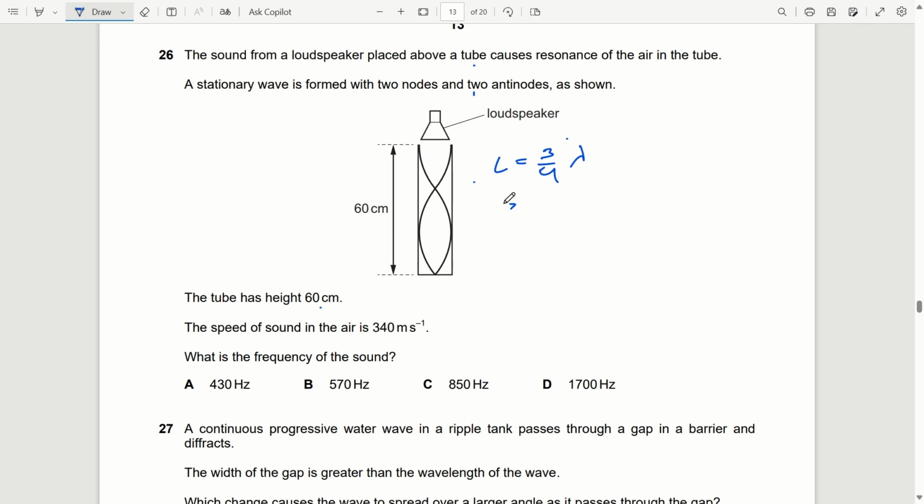The easiest way is to consider this as a complete wave, and divide it into parts: one part, second part, three parts, and fourth.